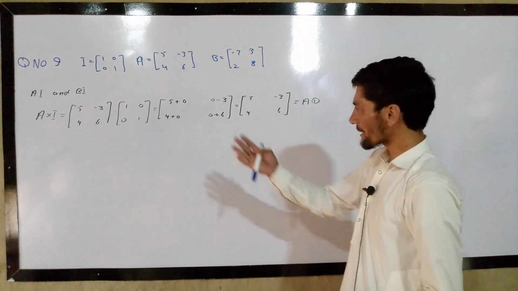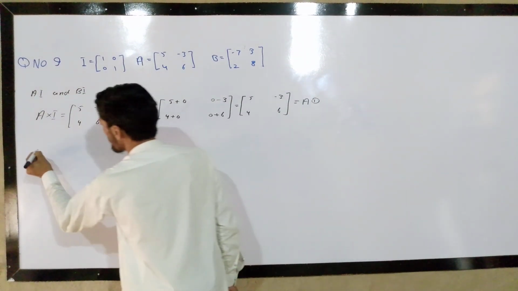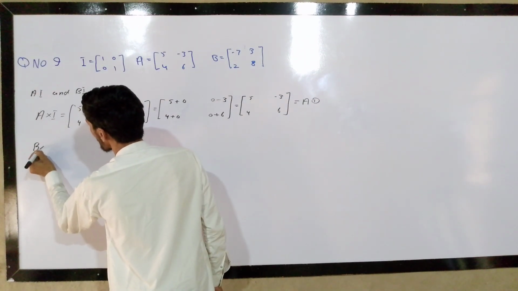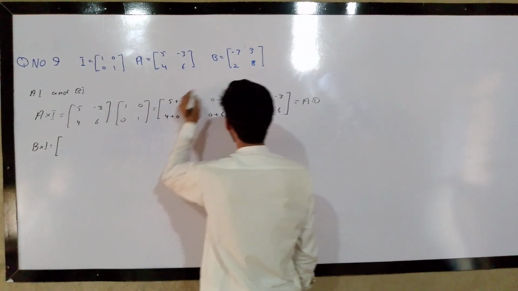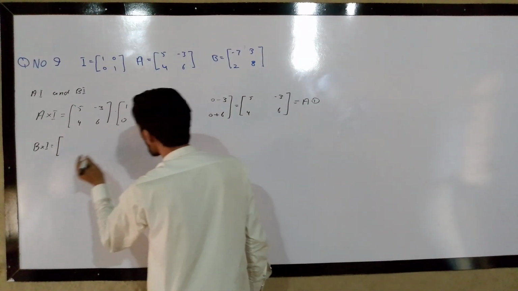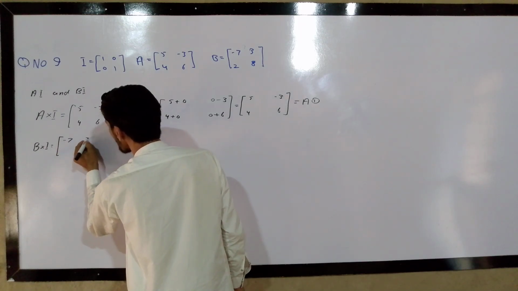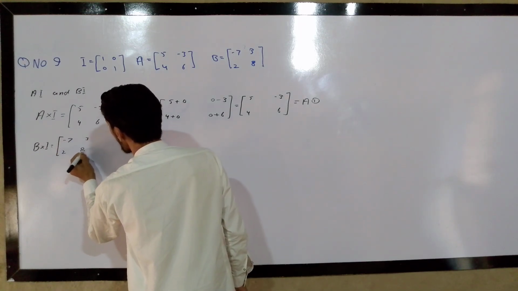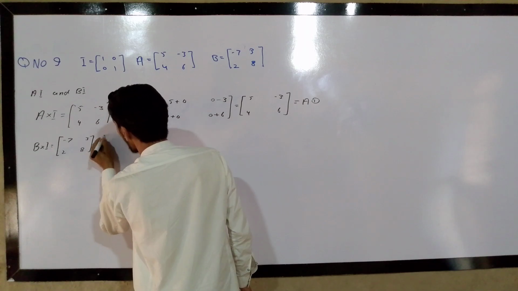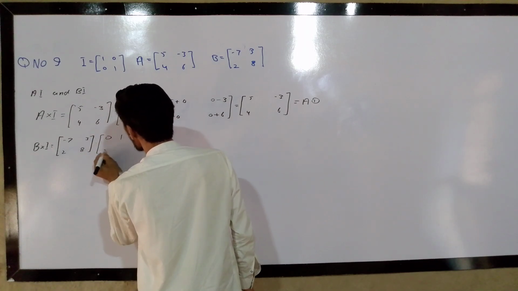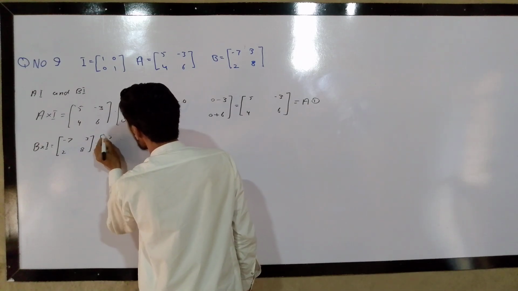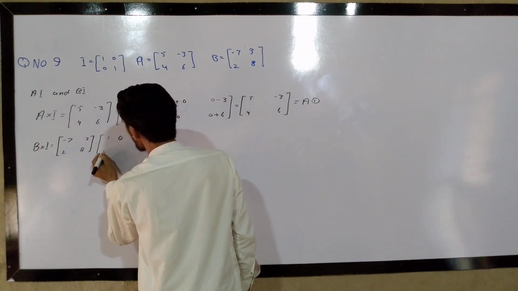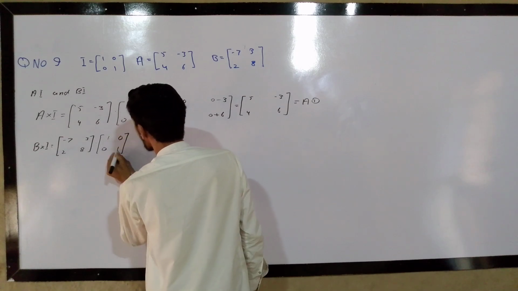The second one is B cross I, which is equal to, write out the elements of B, -7 3 2 8, with the product of 1 0 0 1.